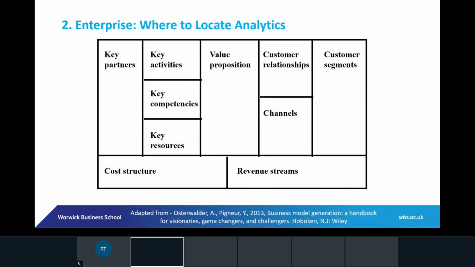What's key to all of this, though, is understanding your organization. This is a framework that we just didn't have time to cover on the module. If we had had time, we'd have probably put it in week 3, making sense of problems, because it is a problem structuring style framework that's called the Business Model Canvas.